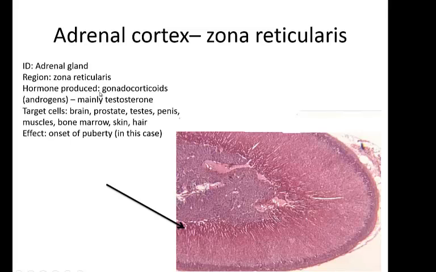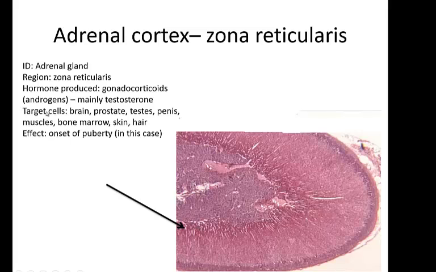You can put gonadotropins, you can put androgens, or you could put the word testosterone. Those three terms are absolutely fine here because the androgens are produced here, aka the gonadotropins, aka testosterone. Those are all fine for you to put down on your Lab Practical.